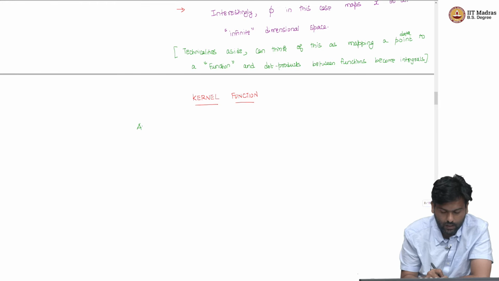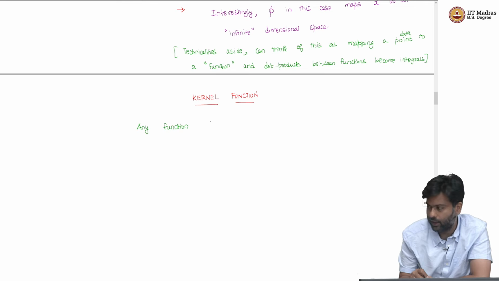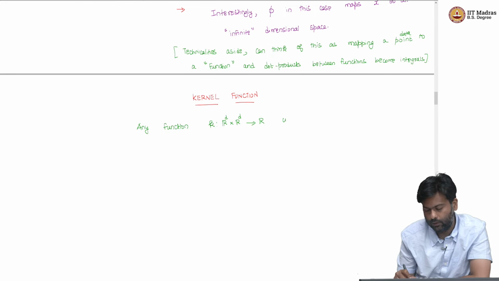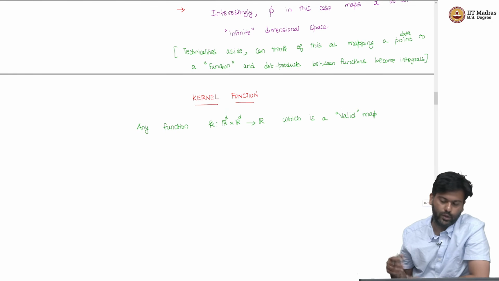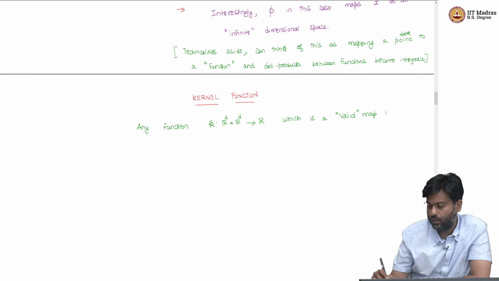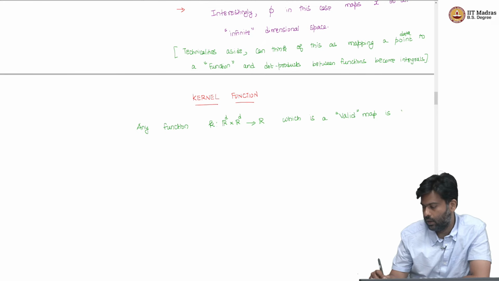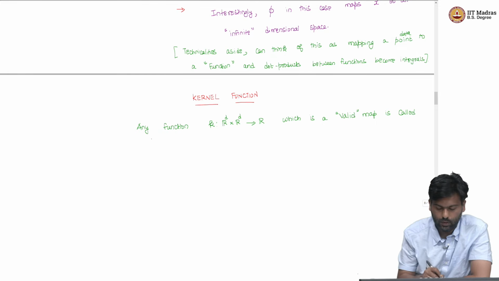So, we write this as follows, again loosely writing these definitions: given a function k which takes two d-dimensional inputs and then outputs a number, any such function which is a valid map, right. So, I am not defining valid again, that is what we did earlier. It means that there exists a phi such that this has this dot product interpretation, and it is called a kernel function.